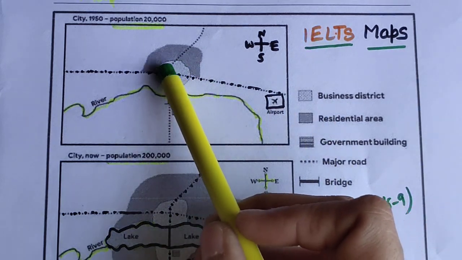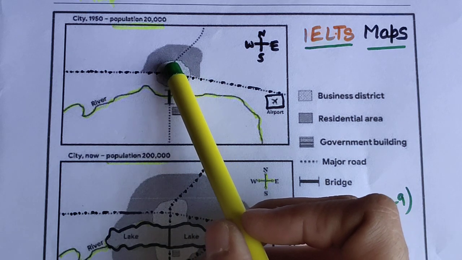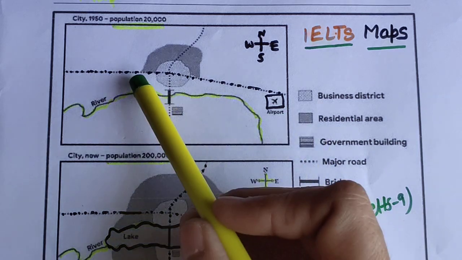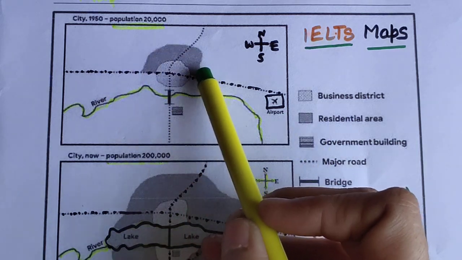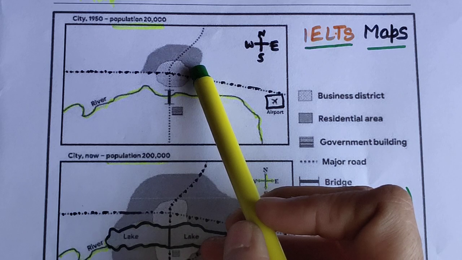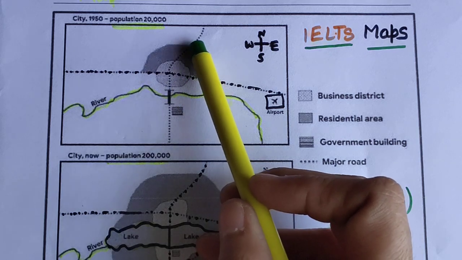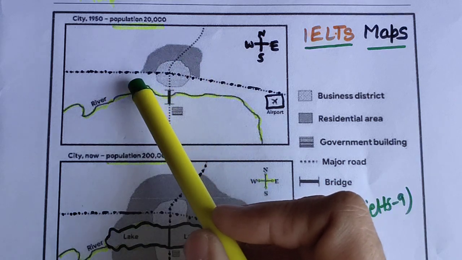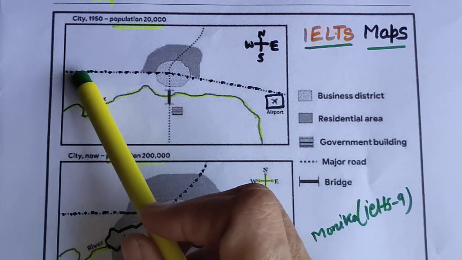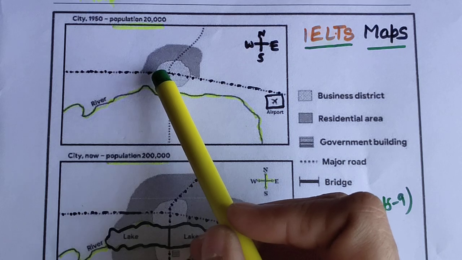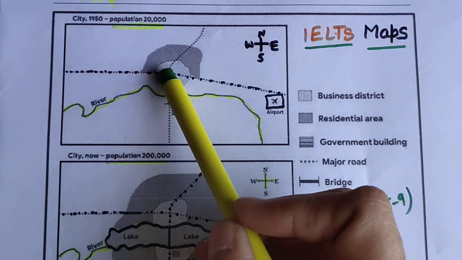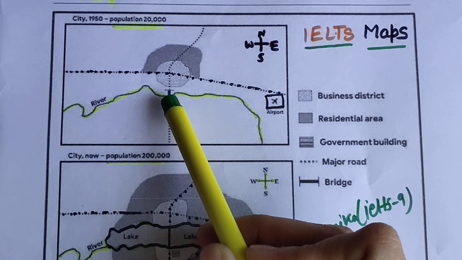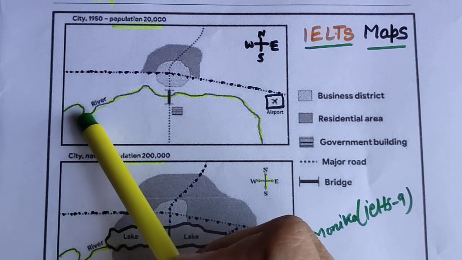The business area is on the intersection of these four roads. The residential area is only towards the north side of the map, and the west to east road goes along this residential area, so the residential area is on this side, not here. This is the government building, and there is one bridge and a river.